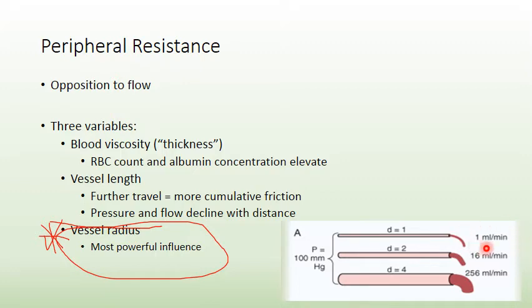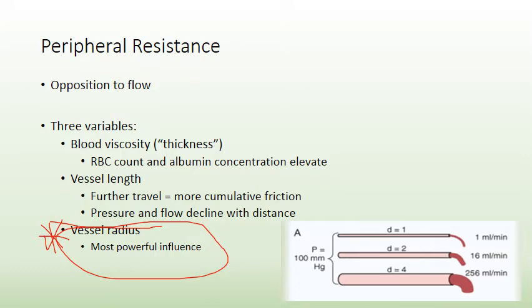Okay. If we double the diameter to 2, we have a 16-fold increase in the flow. Okay, so we go from 1 milliliter per minute to 16 milliliters per minute just by changing the diameter of our tube from 1 millimeter to 2 millimeters. If we double it again to 4 millimeters, we now see an increase in flow up to 256 milliliters per minute.